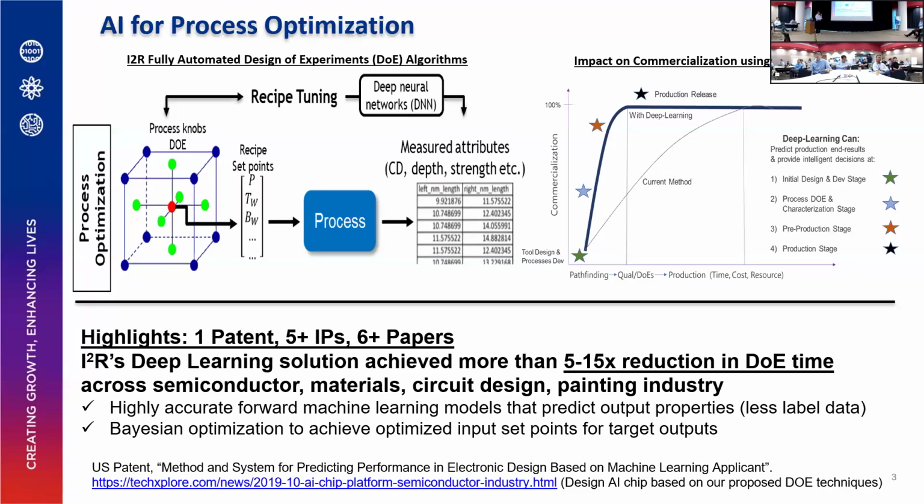It will be very useful if you have such a forward machine learning model, which you can use with different combinations of input parameters to predict your value without performing expensive experiments. Okay, very useful for process engineers.